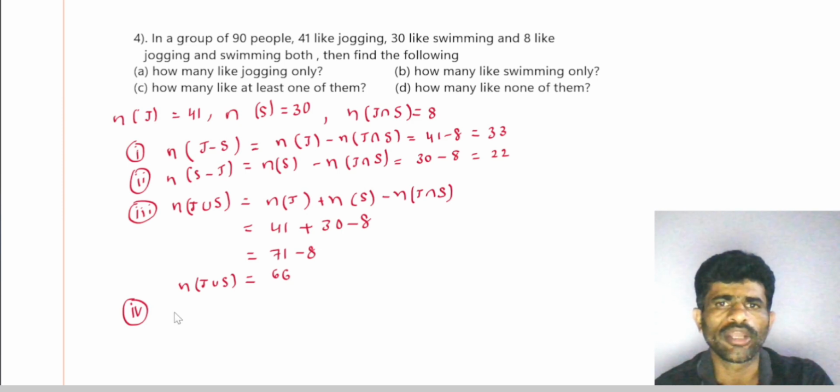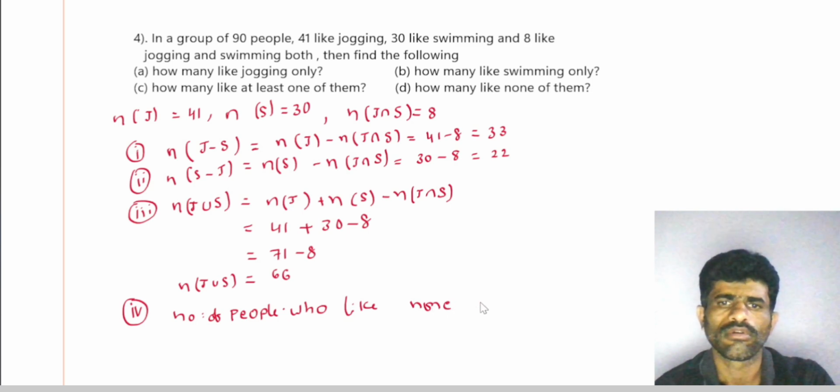So the number of people who like none of them is equal to the total 90, and in that we know 66 people like at least one of them.